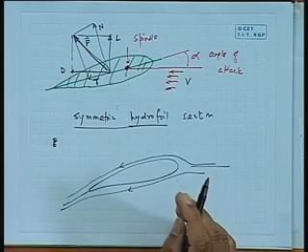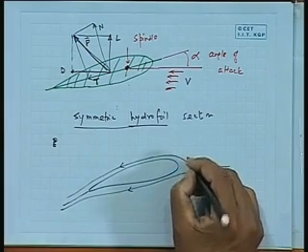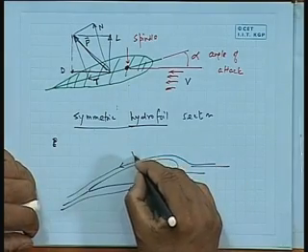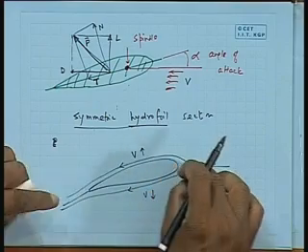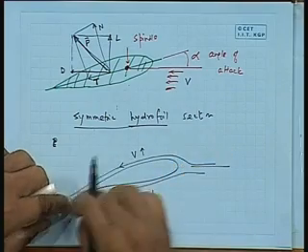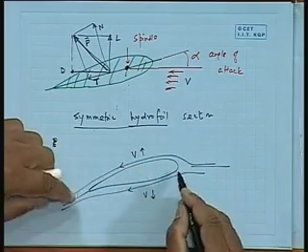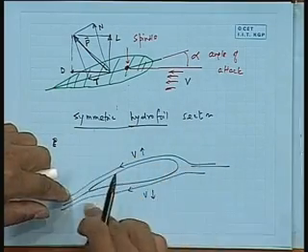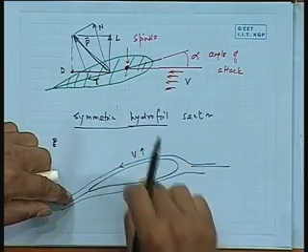One can show that a point of fluid has a velocity here which is up and a velocity here which is down, because it must travel the same distance and meet up here at the same time. That is what one can show, but the top one has to travel a longer distance than the bottom one. So, it turns out that the velocity of the particles on the top is a little more than the bottom one.